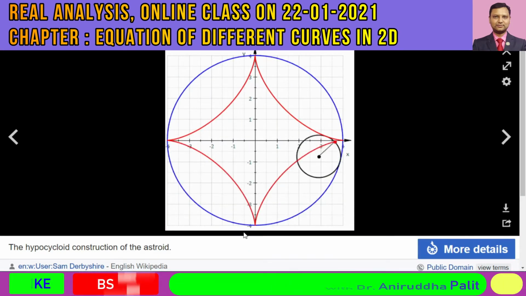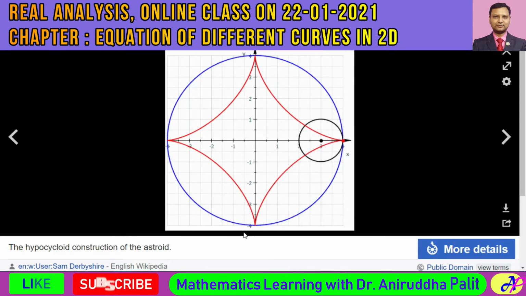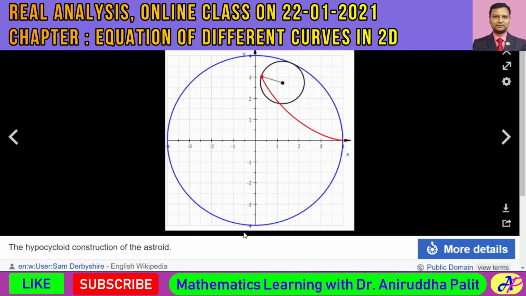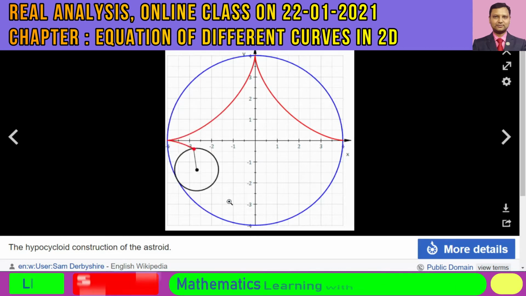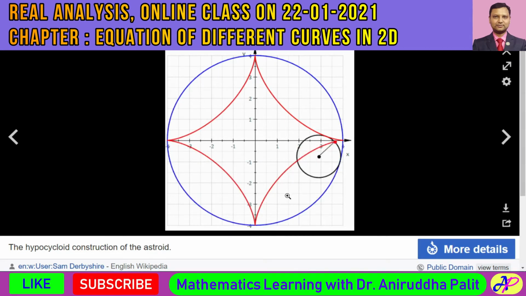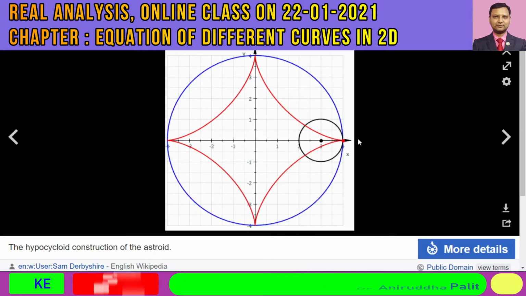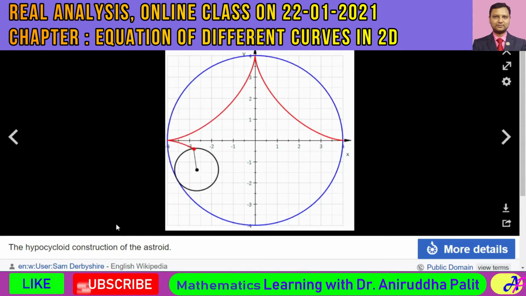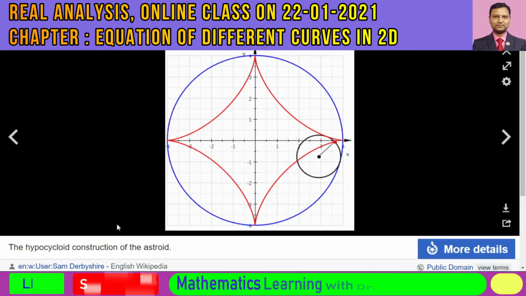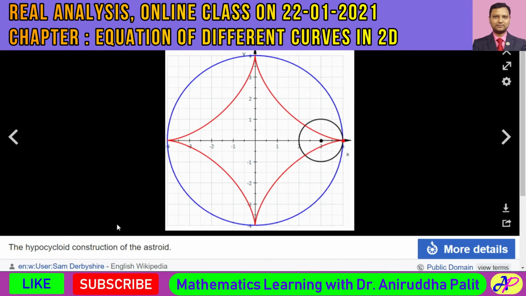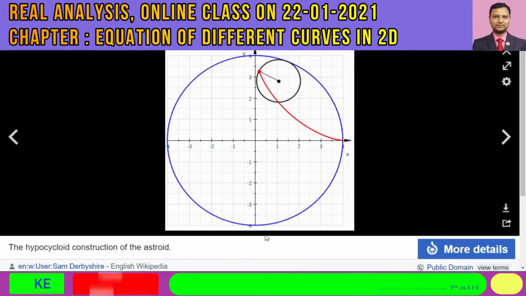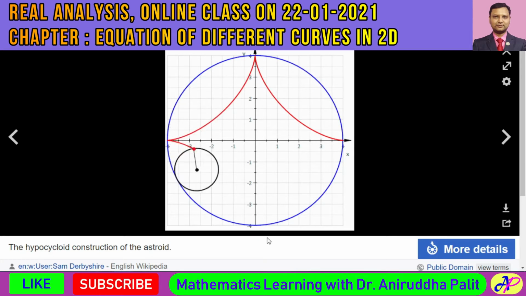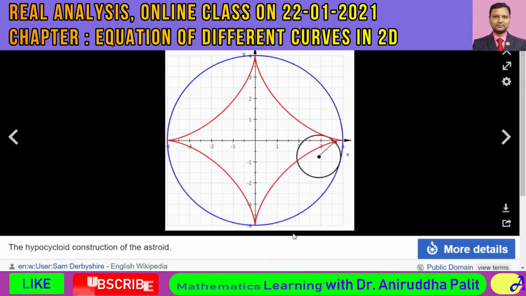You can see one circle is sliding inside a large circle. The radius of one circle is this, and it is moving along another circle. In this way, we get the red curve, that is called the asteroid. Got it? So this is the example of an asteroid.